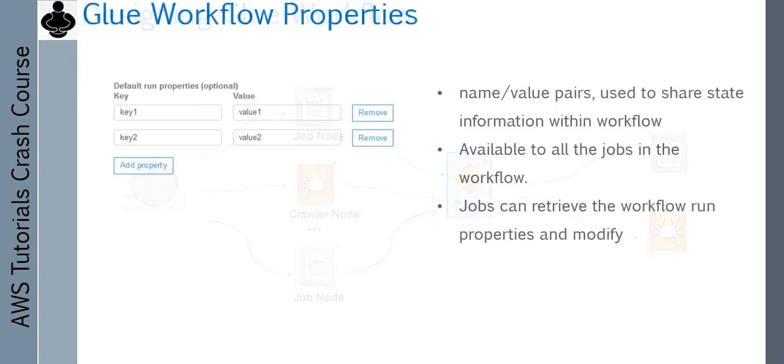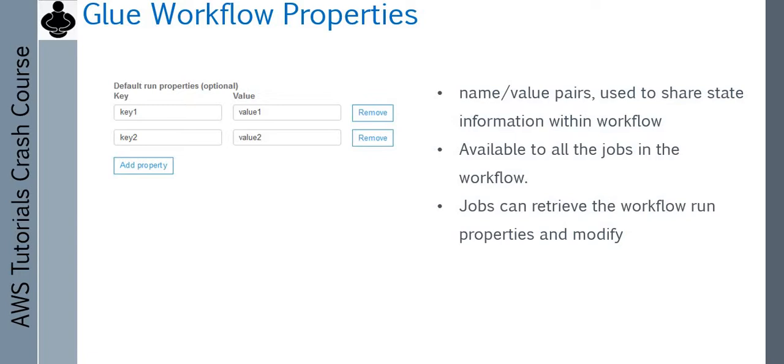Now, when you are creating a Glue workflow, then sometimes there is a requirement that there are multiple jobs which are running as a part of your workflow, and those jobs want to share some state. Like one job wrote some output into some S3 location, and it wants to tell the other job about that S3 location.